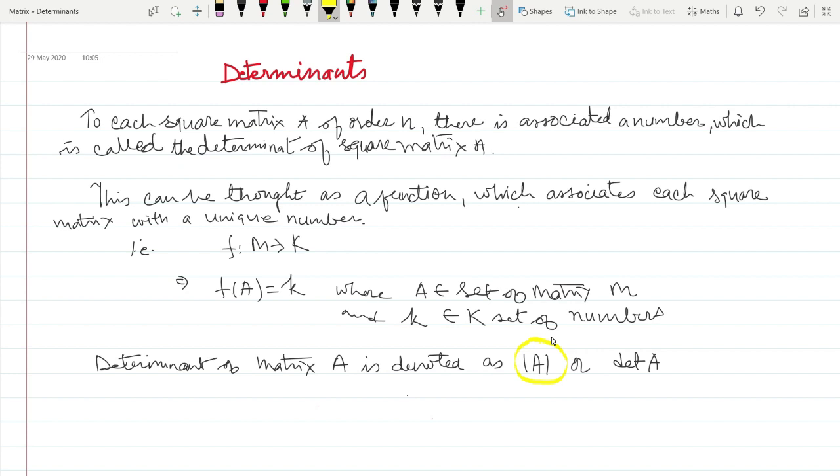Now let us find the determinants of order 1 and order 2 matrices.